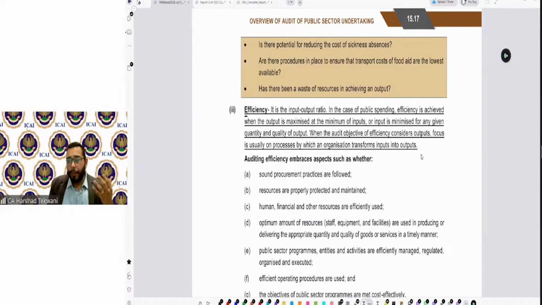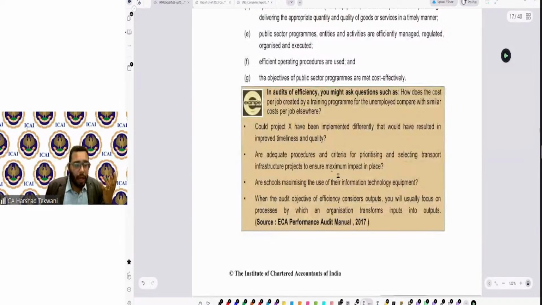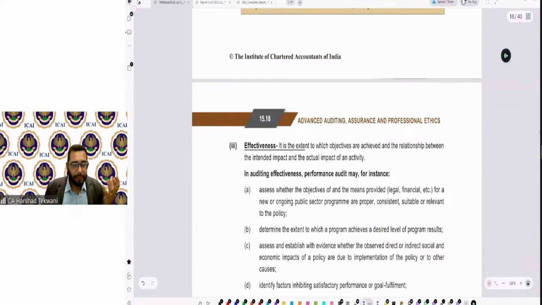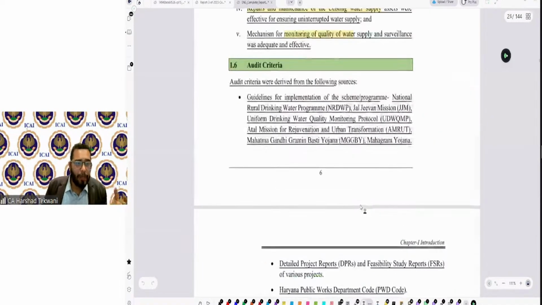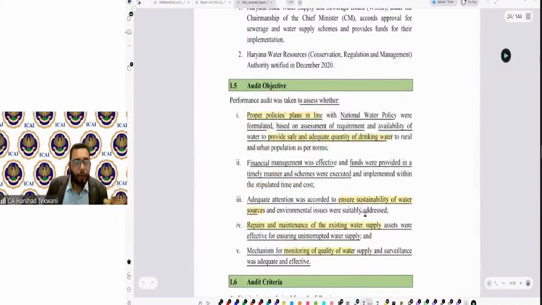Let's say for this particular program, I have this much funds only. Then how can I get efficiency? How can I increase my input-output ratio? And third is the effectiveness. Let's say this program was to provide an adequate quantity of drinking water.